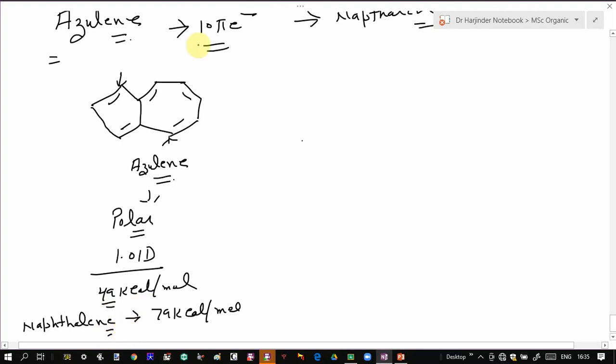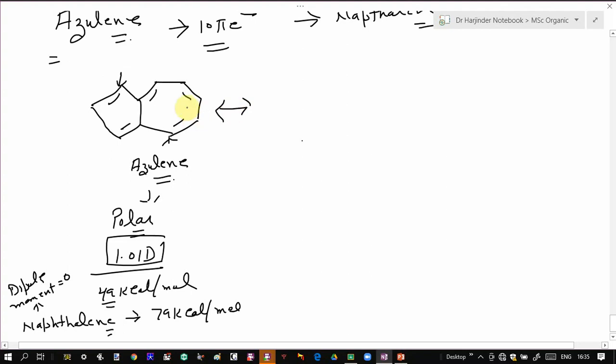So let us see why. This is because of its resonance structures. Naphthalene is a non-polar molecule and its dipole moment is 0, and azulene is a polar molecule with a dipole moment. At the same time, it is less stable as compared to naphthalene. This is because of its resonance structures.